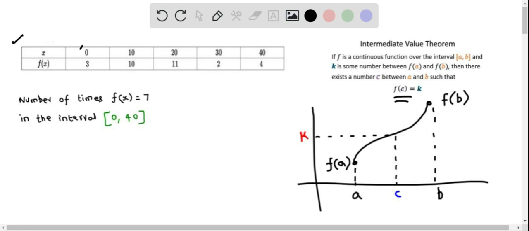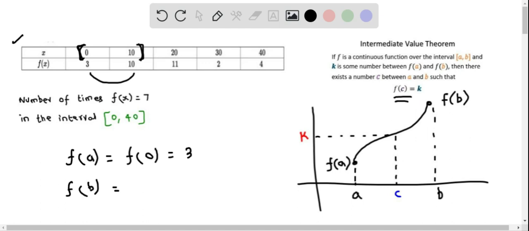So first, let's consider the closed interval 0 and 10. If you look at f of x, at x equal to 0, f of x is 3, and at x equal to 10, f of x equals 10. So we see that f of a, which is f of 0, equals 3, and f of b, which is f of 10, equals 10.